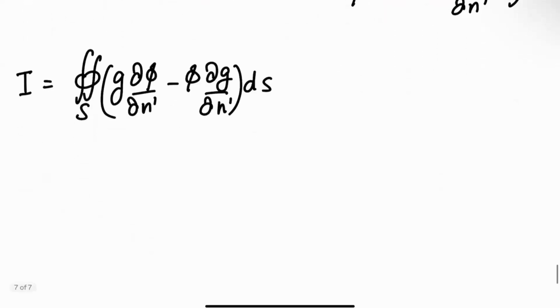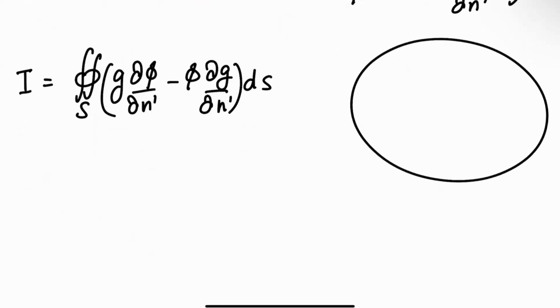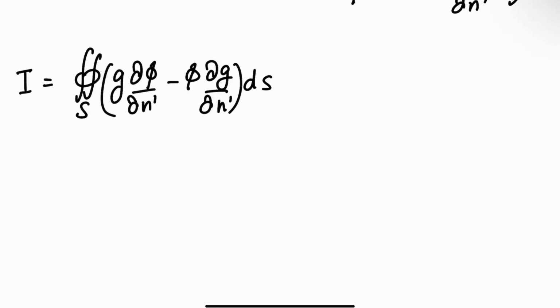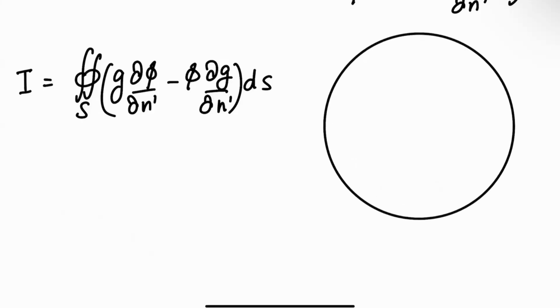All right. To make this term 0, we want to select S to be a sphere. It's not a very good sphere. So S is a sphere. We have some source distribution here, rho.